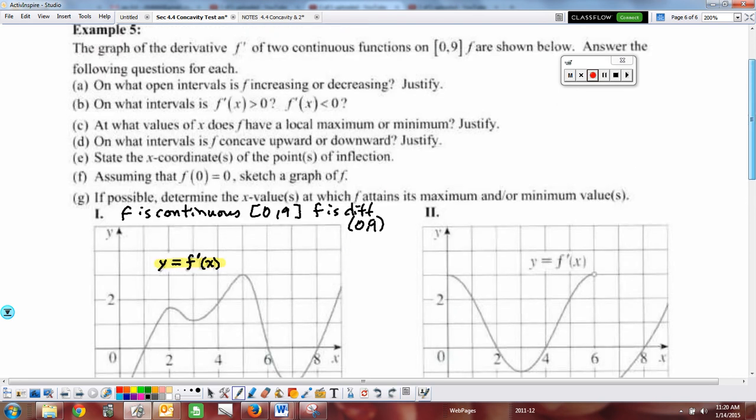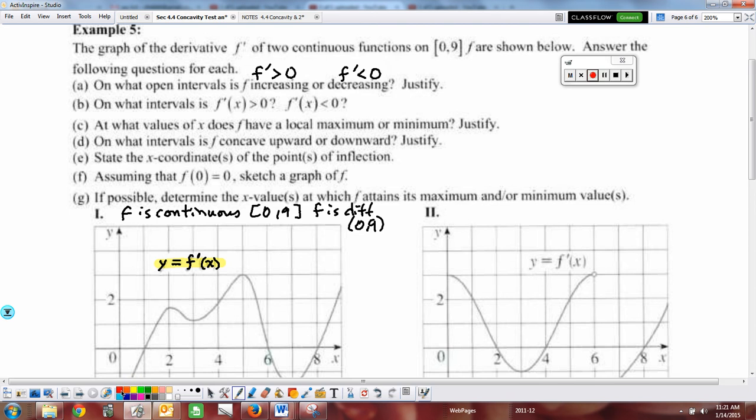Now, in part A, it's asking on what open intervals is f increasing or decreasing. Now relate this to the graph you were given. f increases when your derivative is greater than 0. It decreases when your derivative is less than 0.